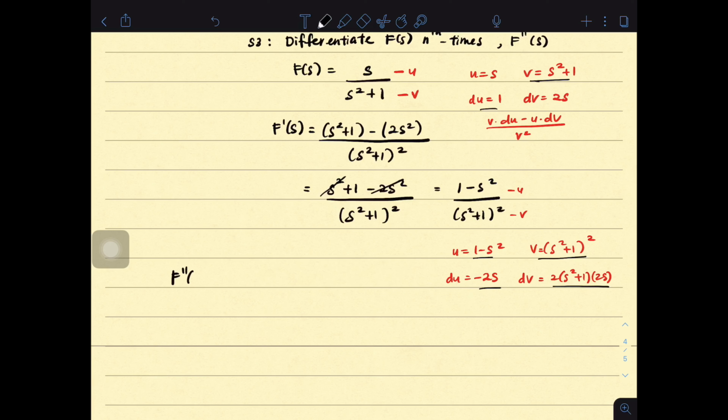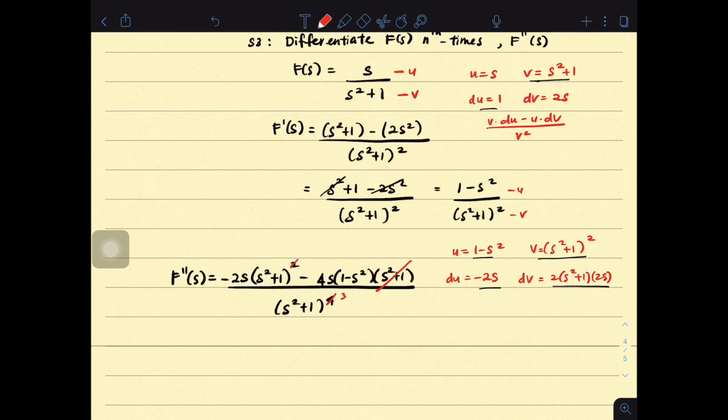So v times du, you will have negative 2s times (s squared plus 1) to the power of 2, minus u times dv, therefore you will have 4s times (1 minus s squared) times (s squared plus 1), divided by v squared, therefore (s squared plus 1) to the power of 4. Okay guys, so they have a common factor here, therefore you can divide them all by s squared plus 1, here on the left 3 and here on the left 1.